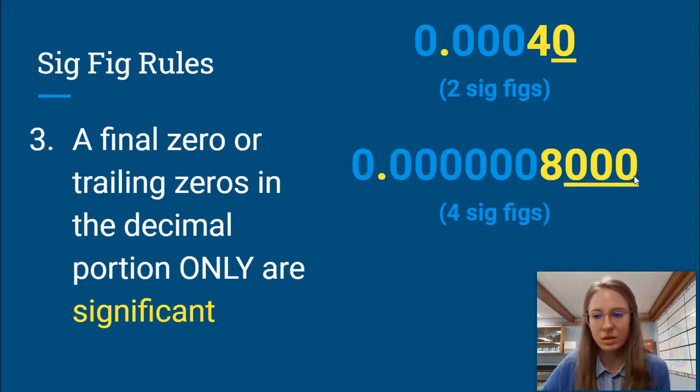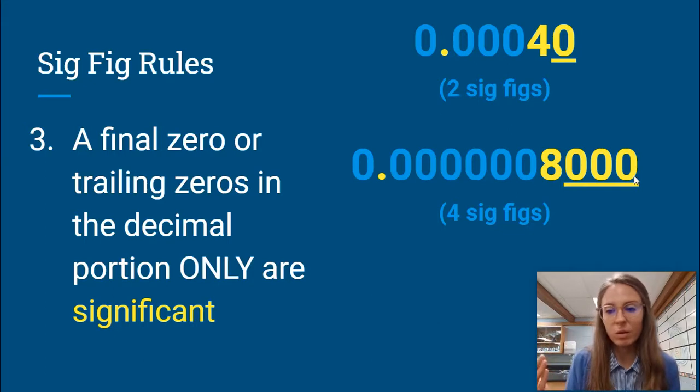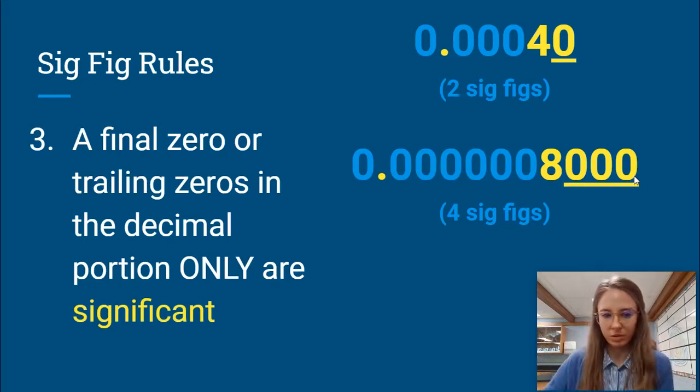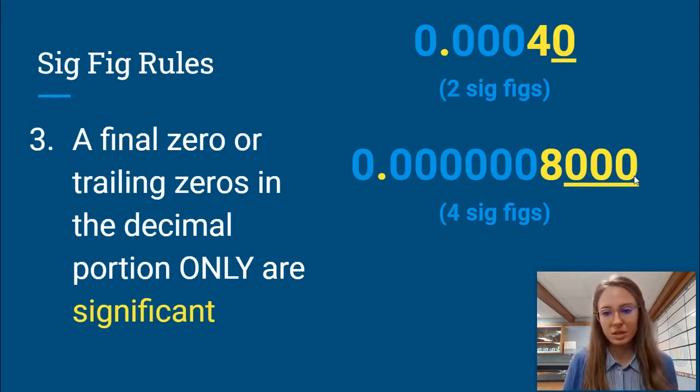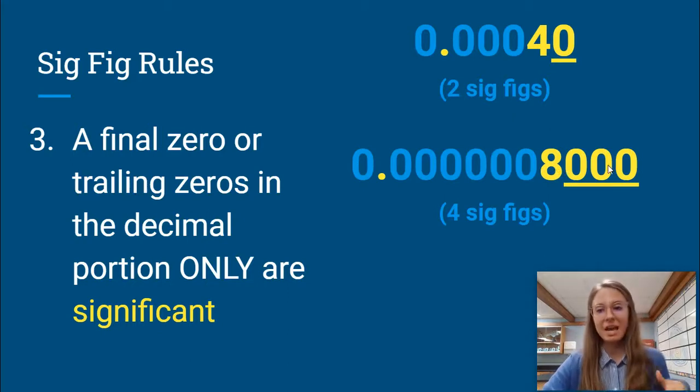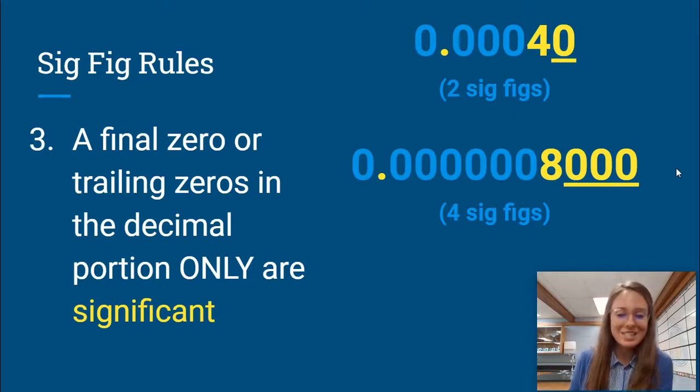Even if there are 20 zeros after that 4, all 20 of those zeros, because they are trailing a non-zero digit after the decimal, are always going to be significant. So this top number here has 2 sig figs because the 4 and the 0 are significant. And this number here has 4 sig figs because the 8 and the 3 trailing zeros are also significant.